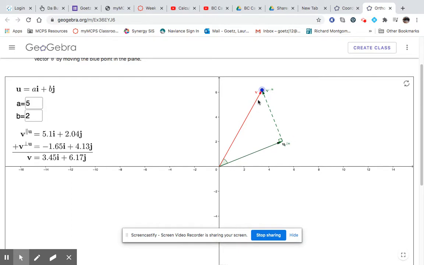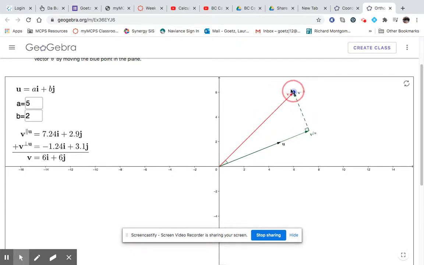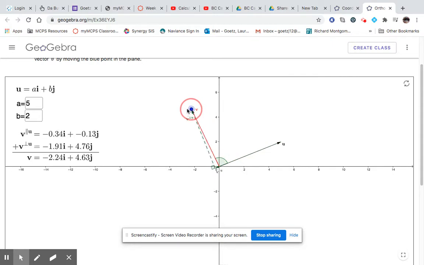Here's the shadow. So if I take vector v and change it, can you see where it's... Pretty cool, right?